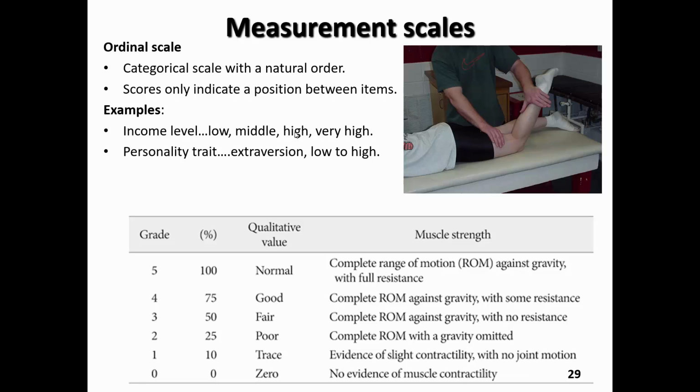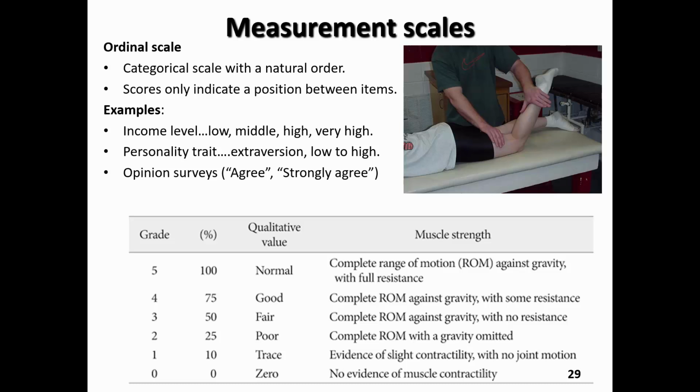In terms of personality traits, one such personality trait, which is referred to as extroversion, so the degree to which we would say a person is an extrovert, can be quantified in terms of low to high, typically with a Likert type of scale.